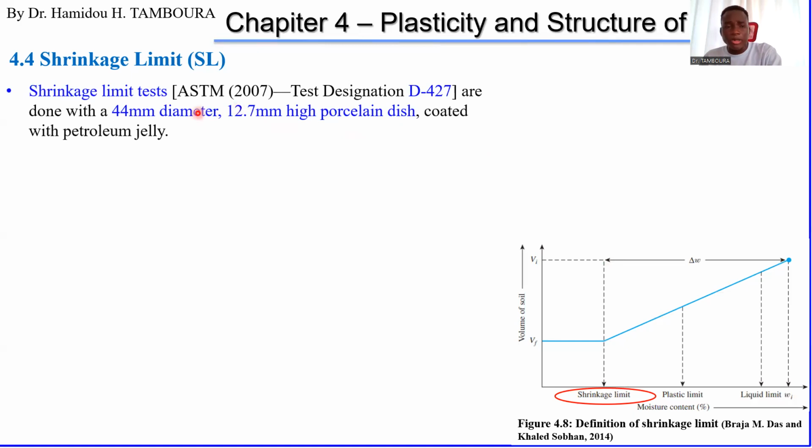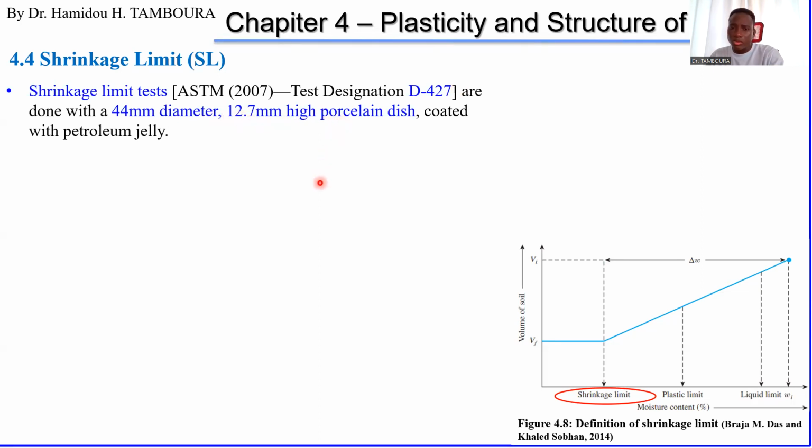The American standard, the shrinkage limit test with designation D427. These shrinkage limit tests are done with a porcelain dish with dimensions of 44 millimeter diameter and 12.7 millimeter height.